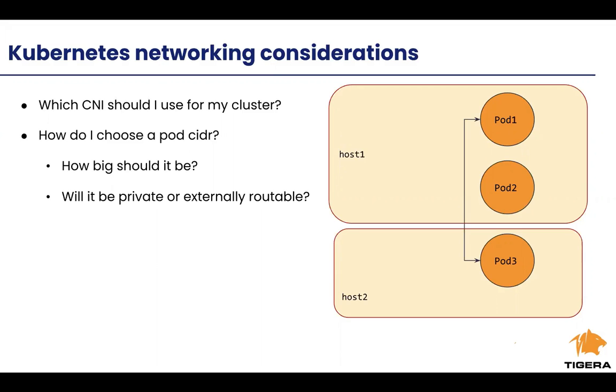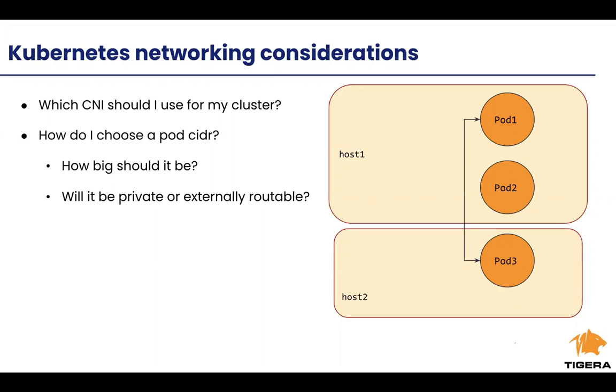You can advertise your pod CIDR and your service CIDR, and this allows you to use native routing protocols, BGP specifically, that networking teams use every day. You'll see greater performance using that configuration because you don't have to use an overlay, and we'll talk a little bit more about what some of those mean in a moment.